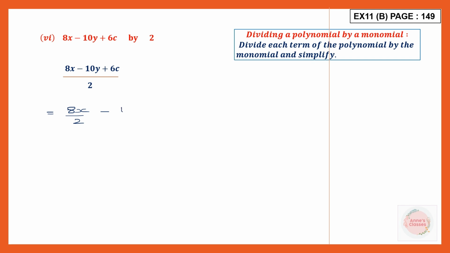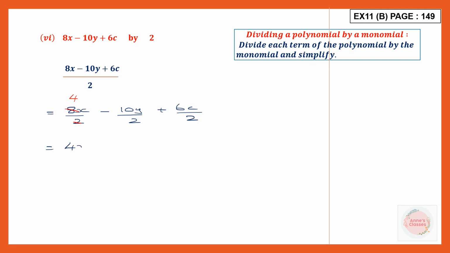Then next term, that is 10y, again divided by 2, plus 6c divided by 2. So now each one has become division of a monomial by a monomial, and we just finished sums like that, isn't it? So let's do this. So first divide the numbers. So here 2 4s are 8. So this is easy. You have 4x.